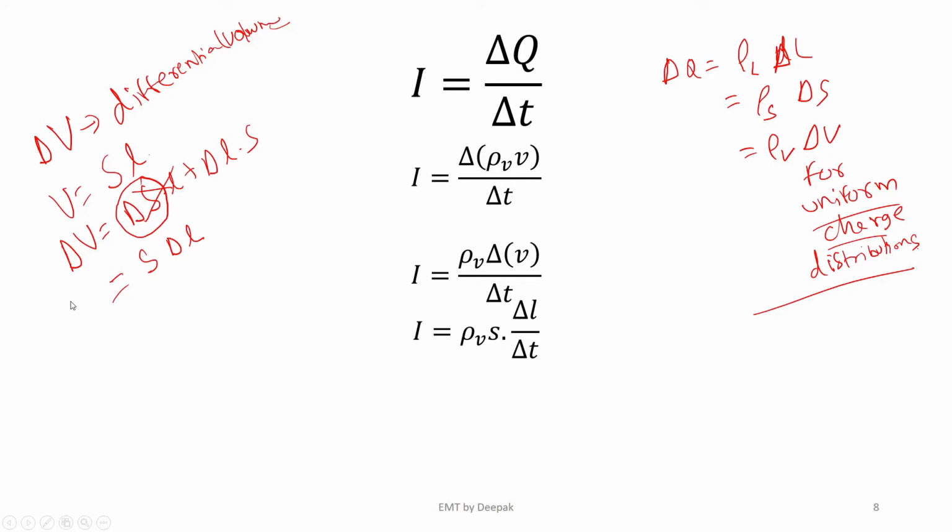And the equation for the current would be rho V times the cross-sectional area times del L by del T, where del L is the displacement observed in del T time. So this is nothing but rho V S times u bar, where S is the cross-sectional area.